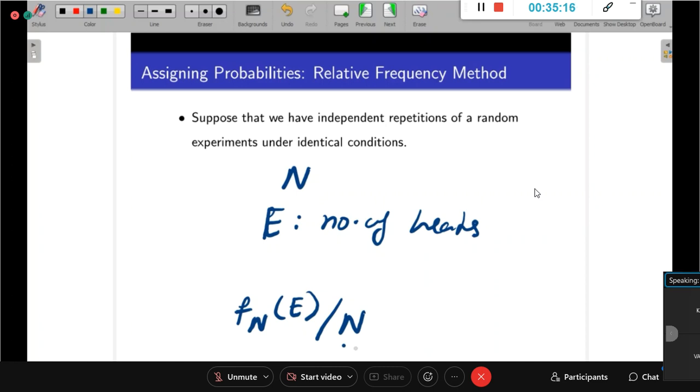You repeat it independently infinitely many times, so you take the limit as n tends to infinity. If this ratio exists as a limit, that will be assigned as the probability for an event E.